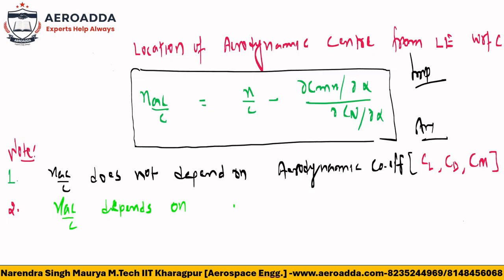You can say this is called the change. So the change of the moment coefficient, the change of the aerodynamic coefficient, is nothing but the derivative. Both are the same thing.